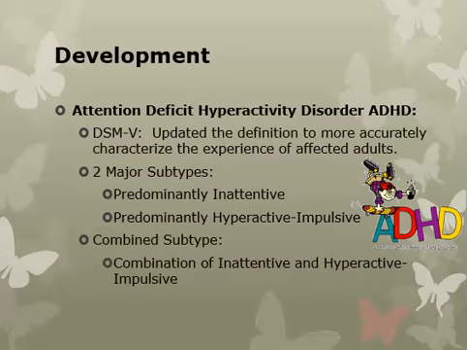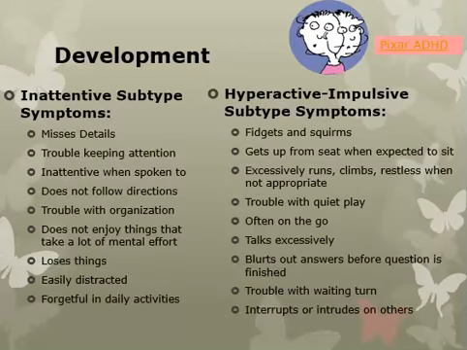It is defined as a persistent pattern of inattention that interferes with functioning or development, and it is categorized by inattention and/or hyperactivity or impulsivity, okay? All right, so this first column, we have the inattentive or the ADD symptoms. You can read the list here.